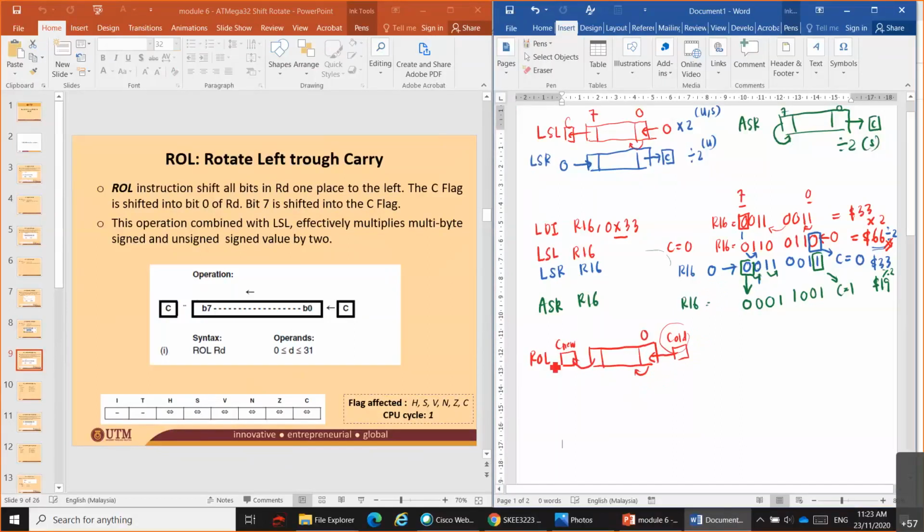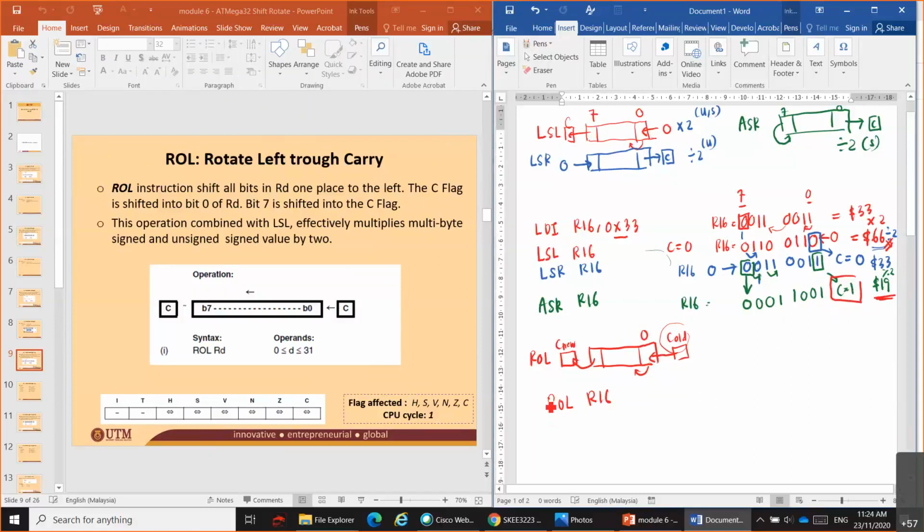Okay, let's look at the example here. I just put here ROL R16. Our current R16 now is 19, and the C is equal to 1, the previous C. After you do the ASR, this bit here will go to your C flag, so now the C holds the value 1.